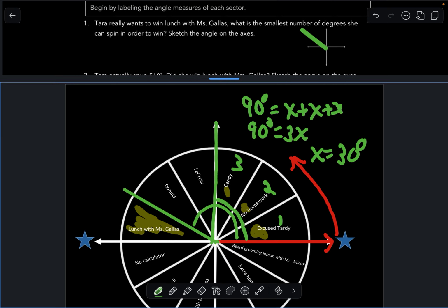So each of these regions right here is 30 degrees. Okay? So you figure you got to go through 1, 2, 3, 4, 5 sets of 30 to get to this point here. So that would be the answer.